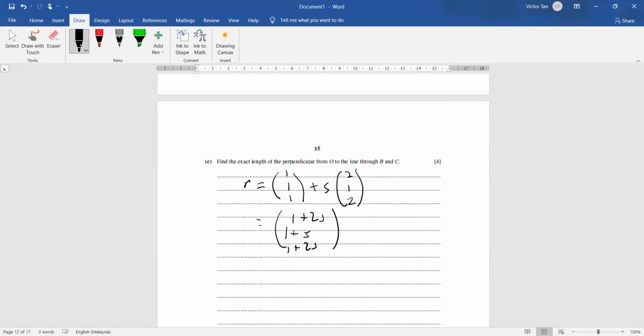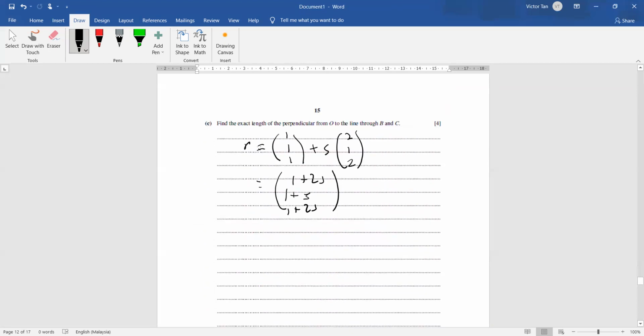Now, doing a dot product of the position vector and the directional vector will give you the perpendicular. This is the position vector, and this is a directional vector, which is (2, 1, 2).